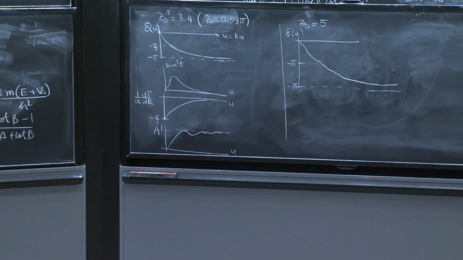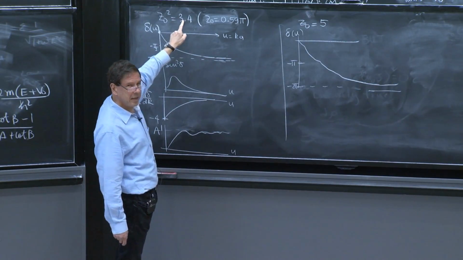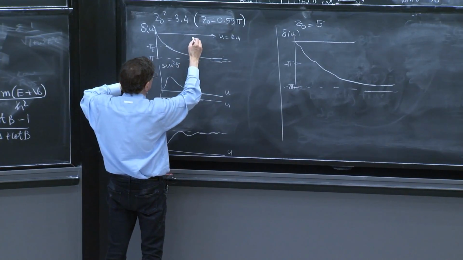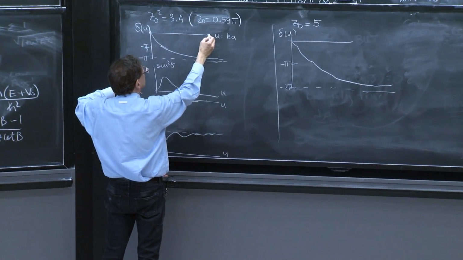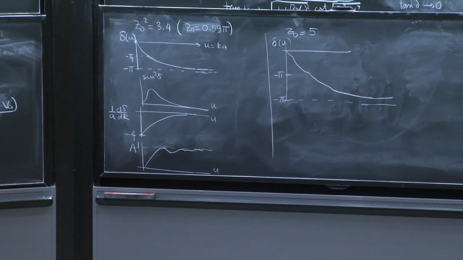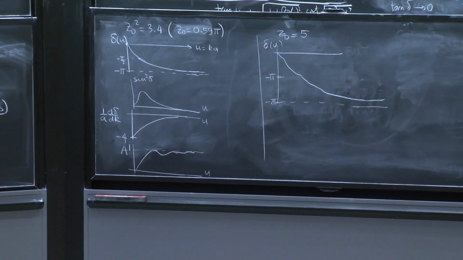Well, if Z0 would have been smaller, like half of this, the phase would go down and would go back up, wouldn't go to minus pi. It does funny things.